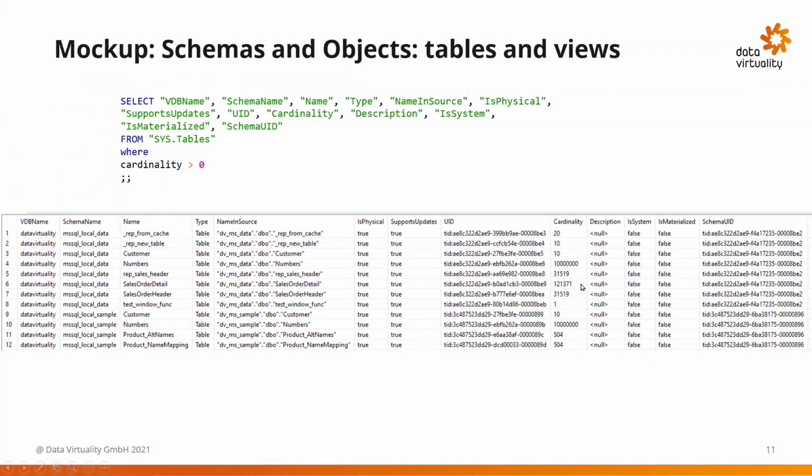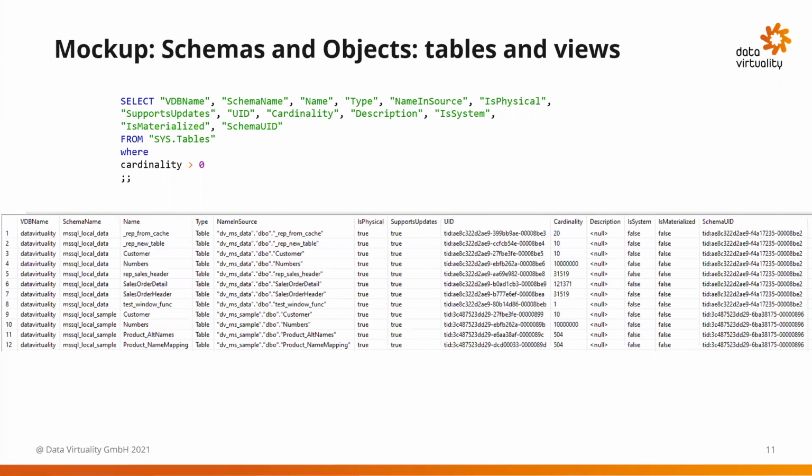So the interesting thing here is that you can indicate to the end users or programmatically query these sys tables to find out which tables or views do not have any cardinality. And why the cardinality is important is because it's used by the optimizer.